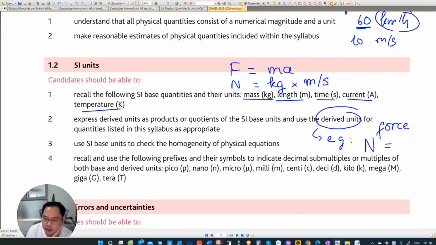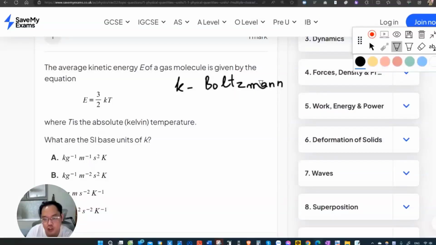K is a constant called Boltzmann's constant, where T is the absolute Kelvin temperature. What is the SI base unit of k? So what is the unit of energy?